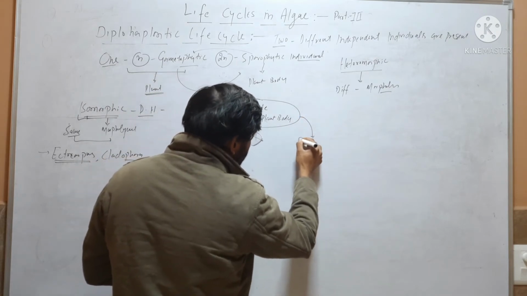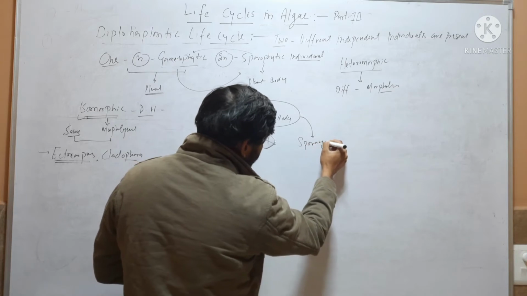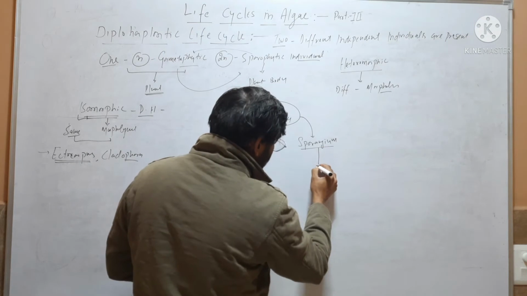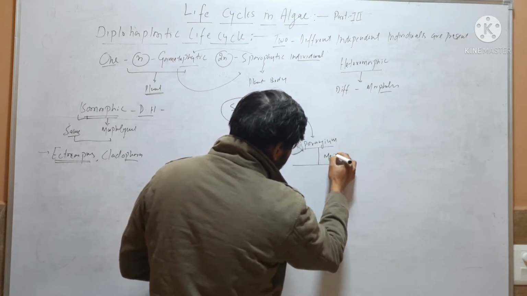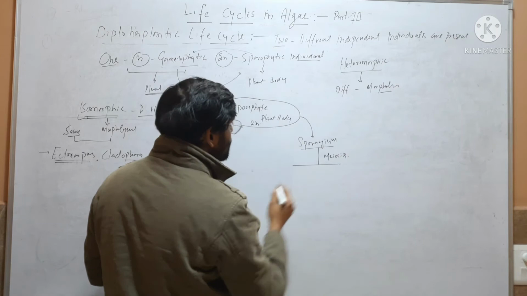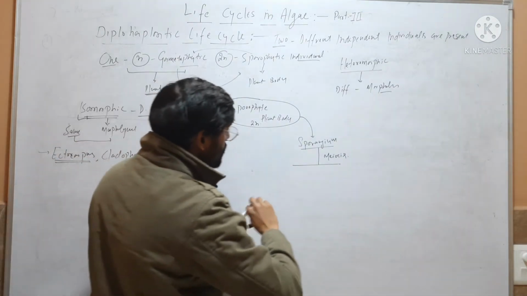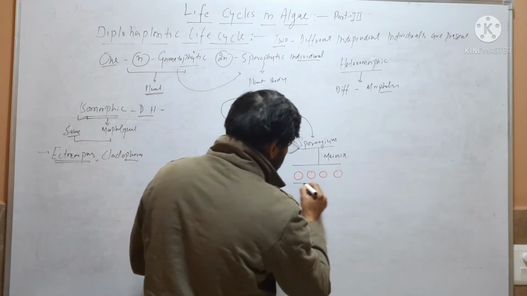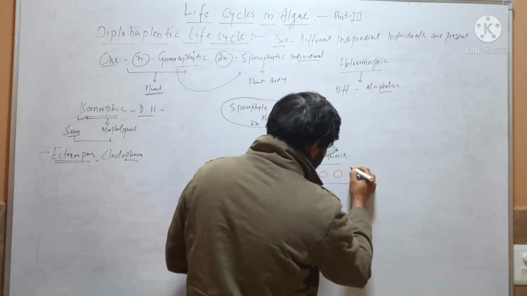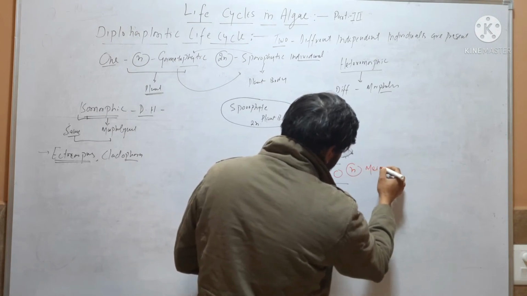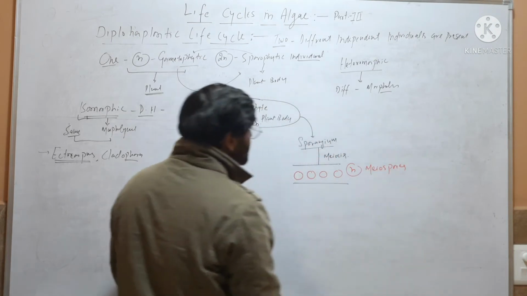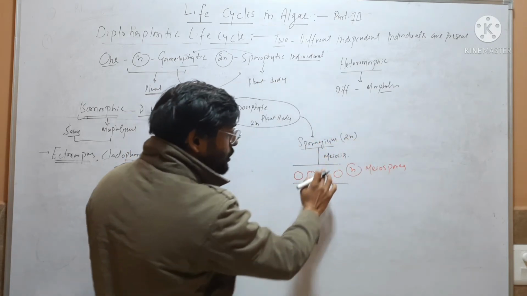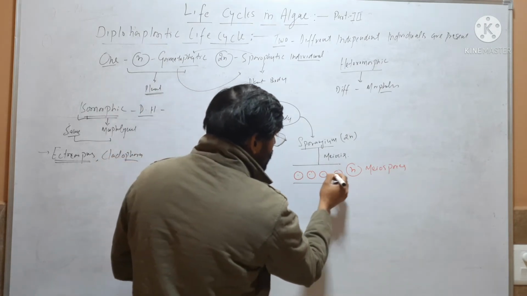This plant body will form sporangium, and inside this sporangium there will be meiosis, and after meiosis there will be formation of 4 spores. These spores are haploid and these spores are called meiospores. The sporangium here is also 2n. Inside this sporangium meiosis will occur and 4 spores will form.